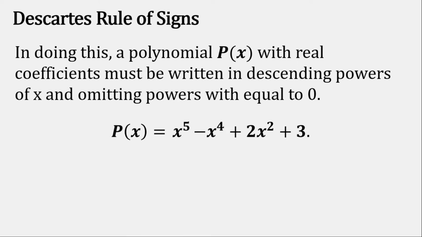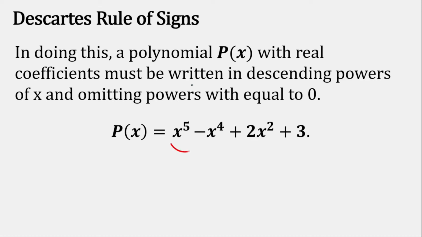So let's consider this. All we need to do is check if it is in standard form. And as I can see, this is in standard form because it goes 5, 4, 2, and x raised to 0. Next, we check the sign of the leading coefficient. The sign of the leading coefficient is positive. So from positive, let's check if there is a variation in the sign of the next term.